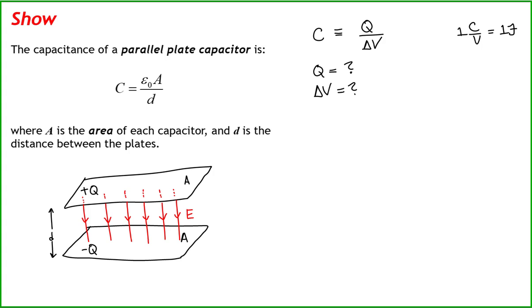Now, there will be some fringing on the edges, but we're going to neglect the fringing along the edges because we're going to consider the size of the plate to be very, very big, which will neglect any fringing of the electric field on the sides.